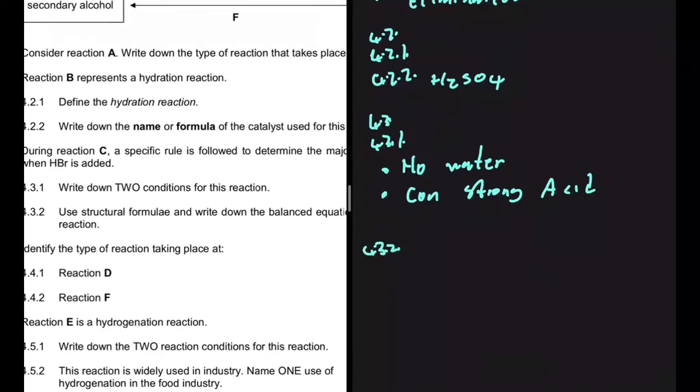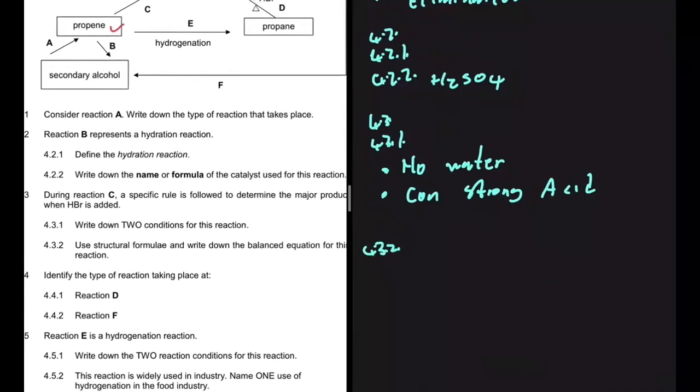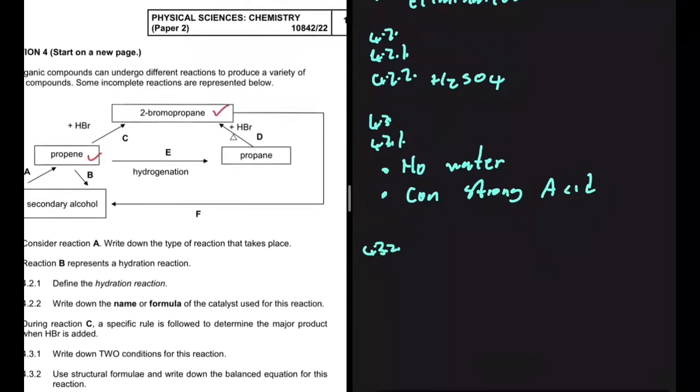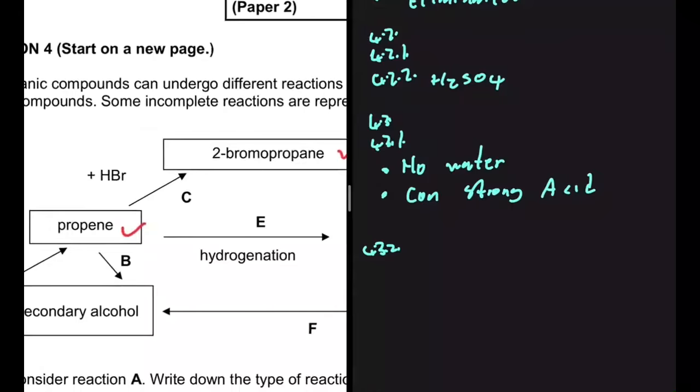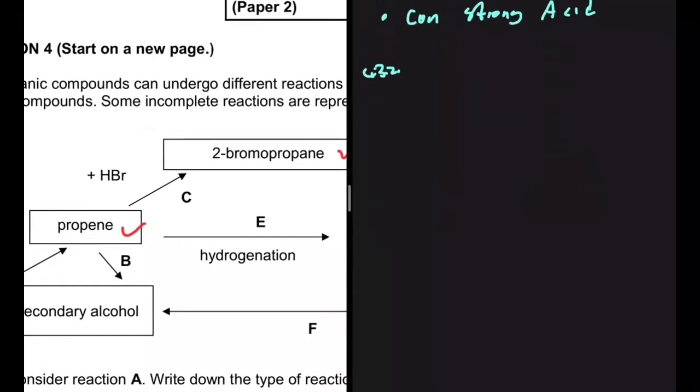4.3.2, use structural formula and write down the balanced equation for this reaction. So propene plus HBr. Let's go ahead and do that. So we're going to have 1, 2, 3 carbons, right? So 1, 2. Now we just need to add our hydrogens, and we're supposed to have something like that, plus HBr to give us something.